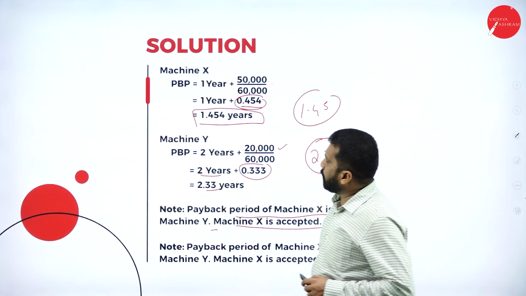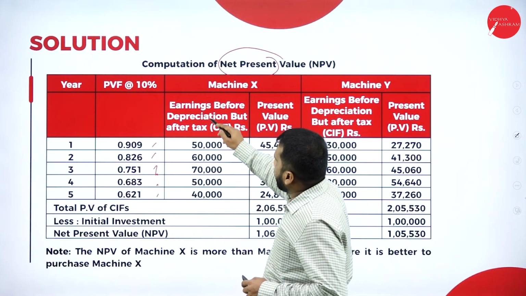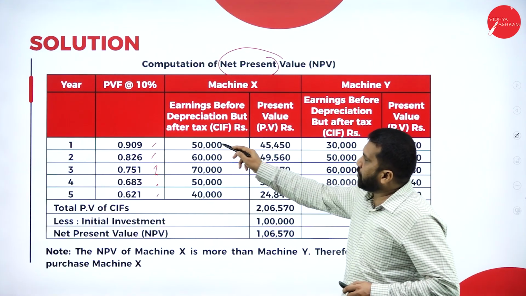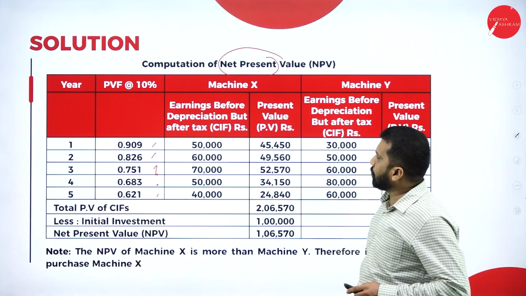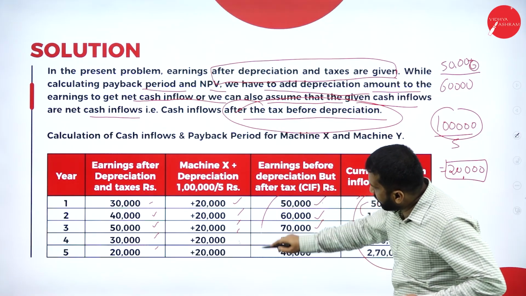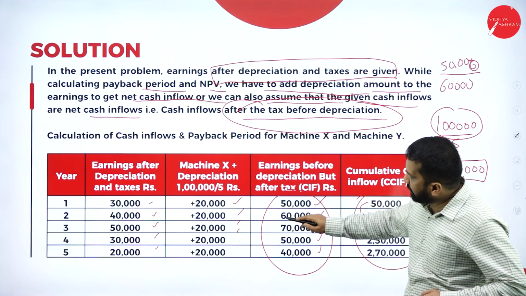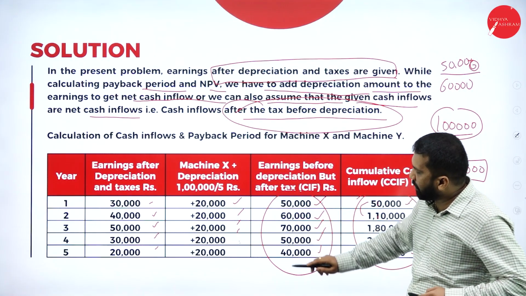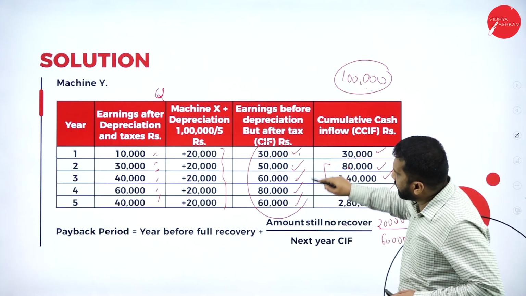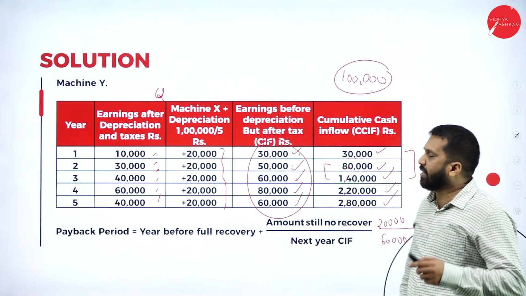Take all your PV factor and machine X and machine Y. What is the machine X answer? I'll show you. These are the machine X answer: 50, 60, 70, 50,000, 40,000. Machine Y answer is all these considered as machine Y answer.